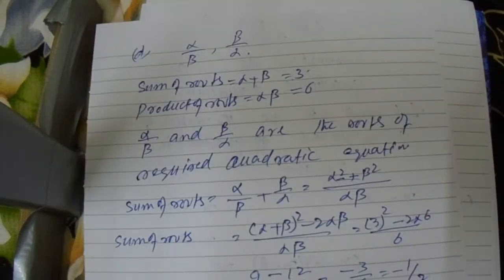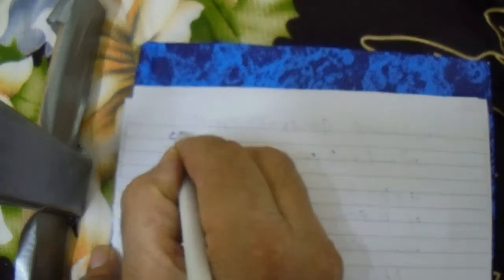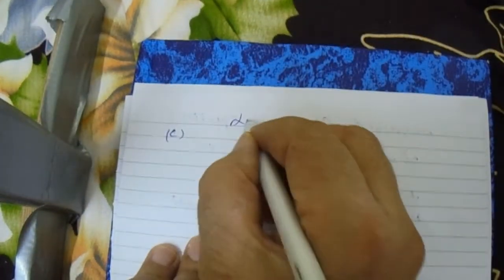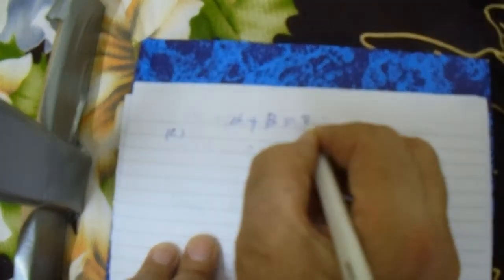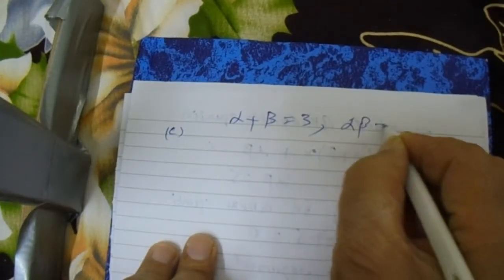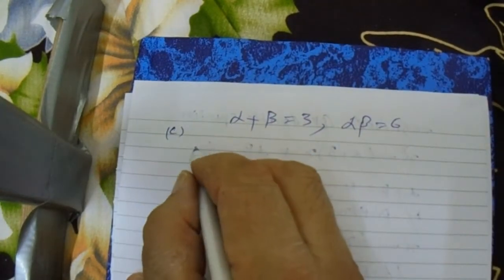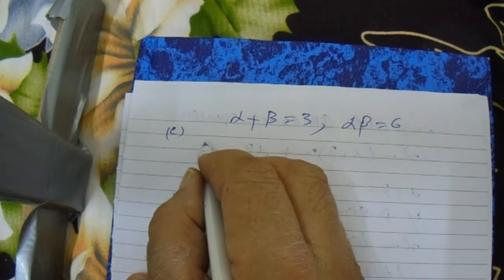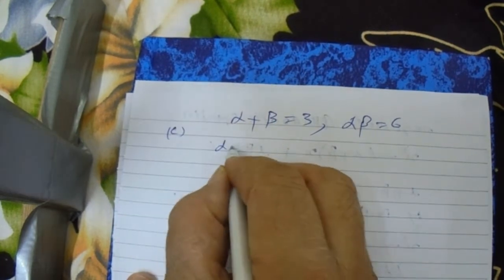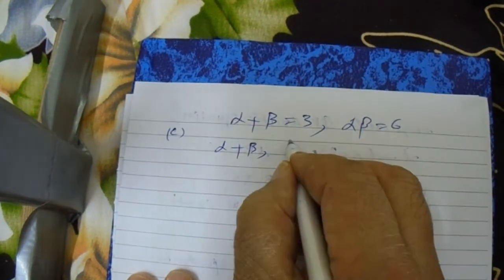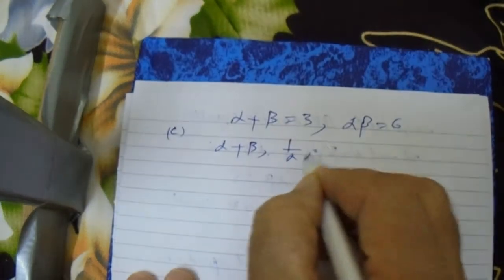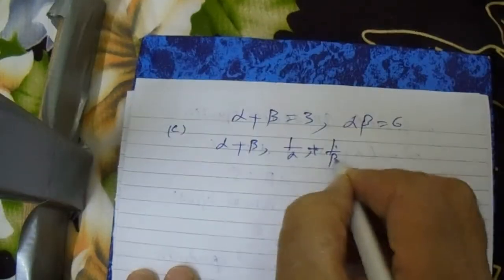Now I solve the C part. This is the C part, and we have alpha plus beta is equal to 3 and alpha beta is equal to 6. Now C is alpha plus beta and 1 over alpha plus 1 over beta.